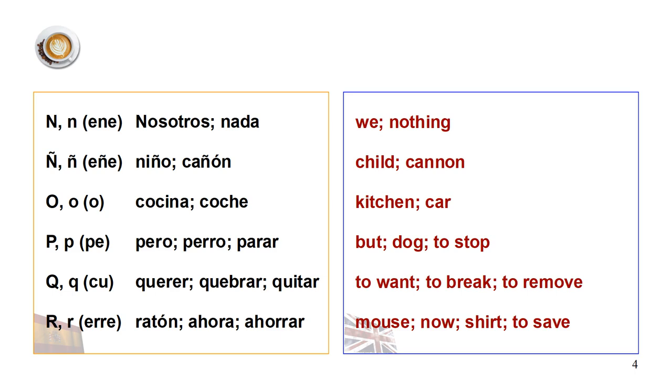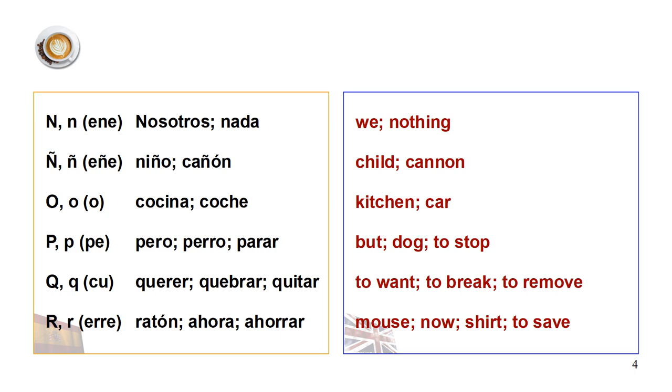To do that, put the tip of your tongue on your alveoli and then expel the air forcefully. Let's try it again. Now let's have a look at the examples. Ratón, mouse.